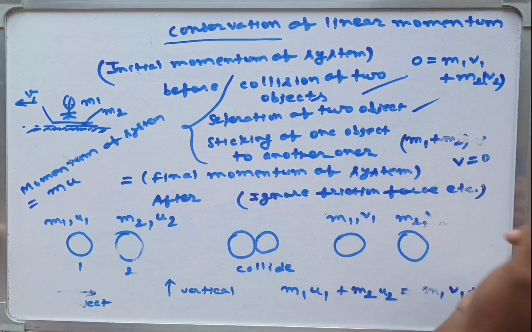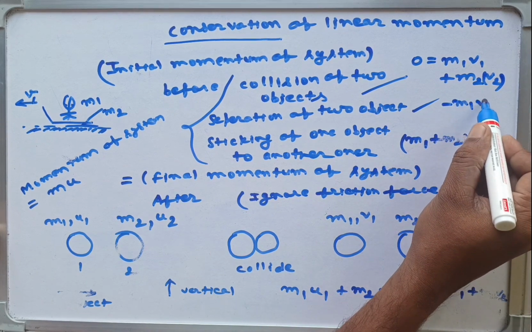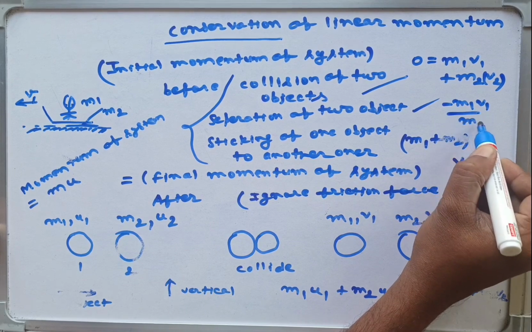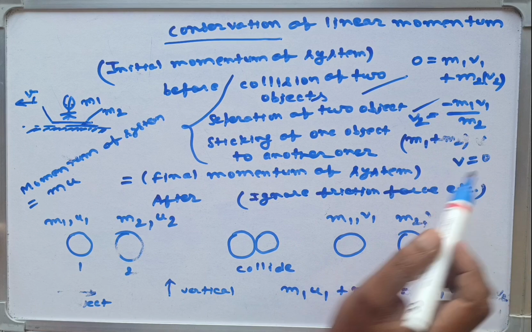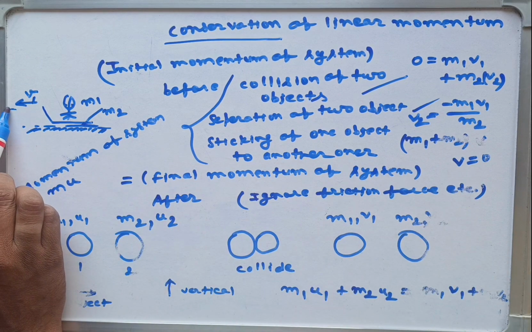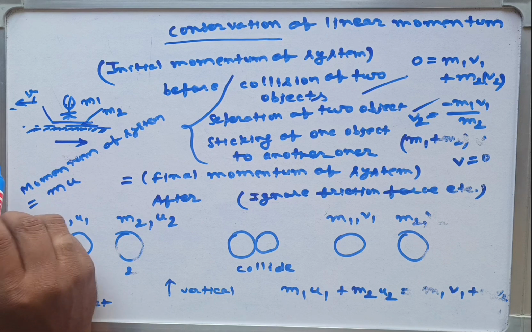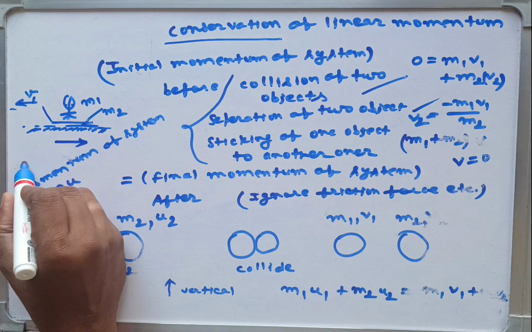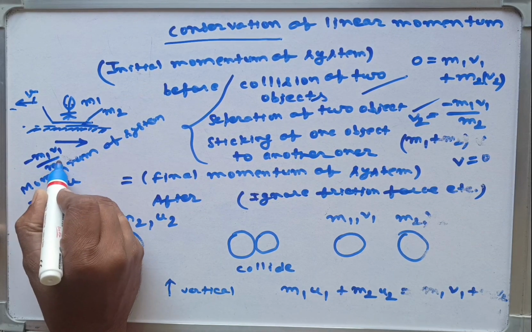So what's happened, you see here, v2 equals minus m1 v1 divided by m2. So when you move in this direction, the boat will move in the opposite direction with velocity m1 v1 divided by m2.